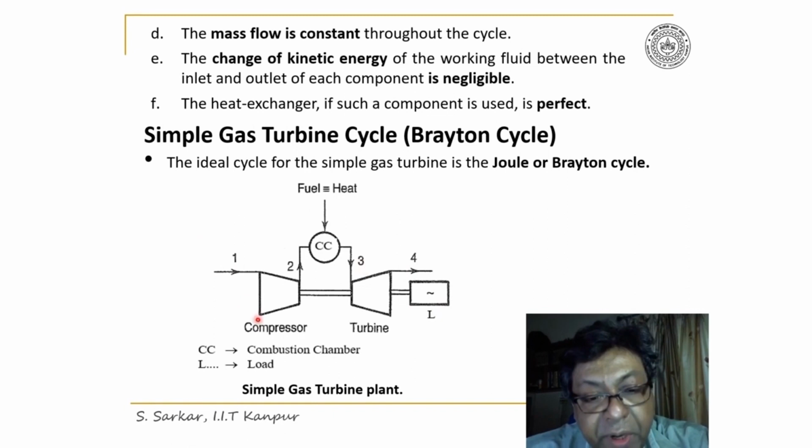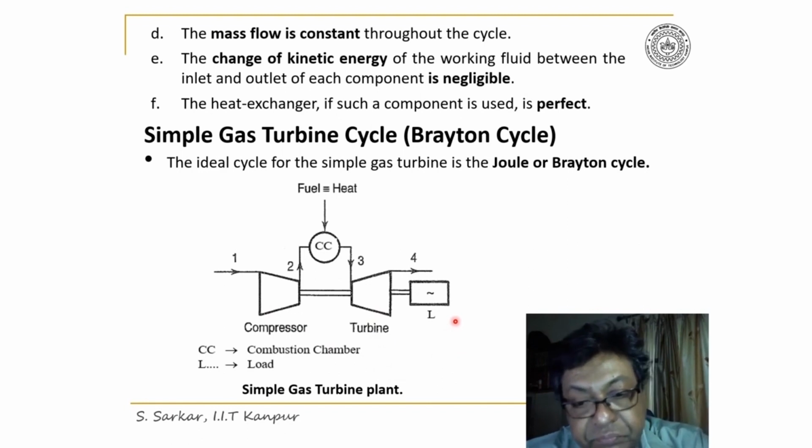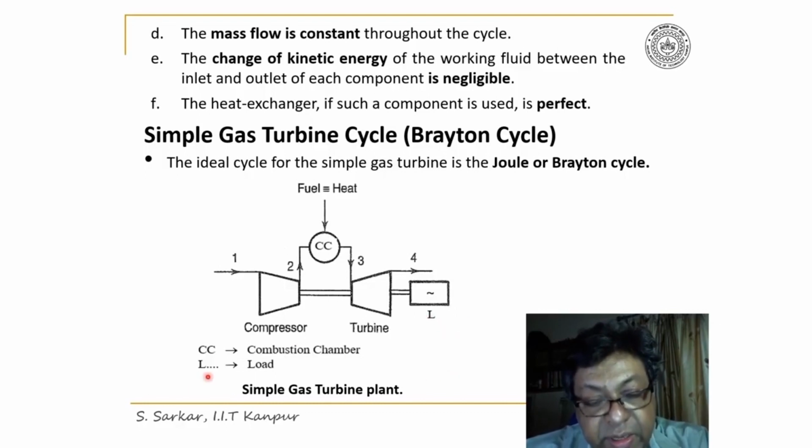The air is compressed in the compressor, and then it is pushed to the combustion chamber where heat is added and its temperature increases. Thus the high temperature and pressurized gas is expanded through the turbine and it generates power. That power is used to drive the compressor and also to drive the generator to produce electricity for a simple gas turbine plant.